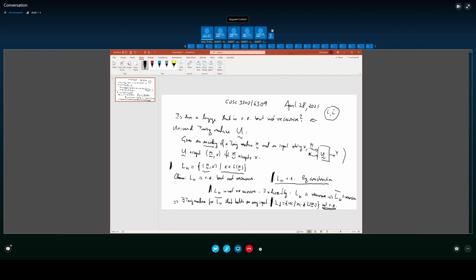So in this case, L sub U being RE, the complement is necessarily not RE, and that implies immediately that L sub U, which is RE, cannot be recursive. So we have now shown that L sub U is recursively enumerable, but not recursive.